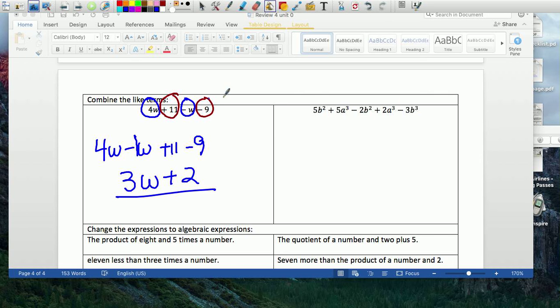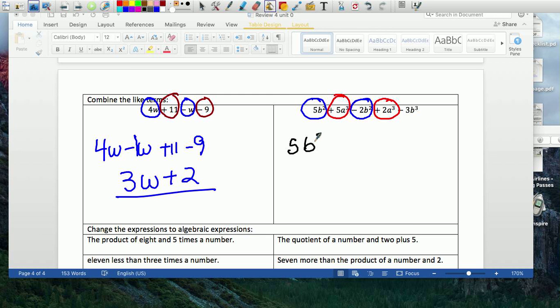That's your final answer. This one, 5b squared. Is there another? Yes, there's another b squared over here. Let me change colors. So this one is plus 5a cubed, plus 2a cubed, and then 2b cubed stands alone because there's nobody the same. So let's move things together.